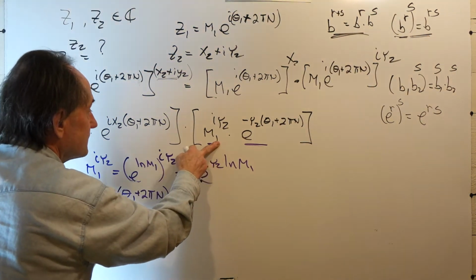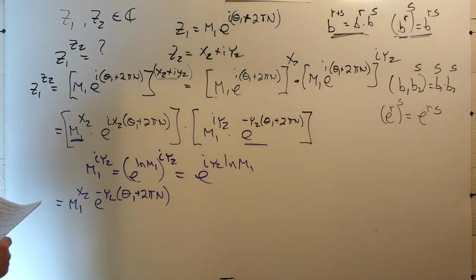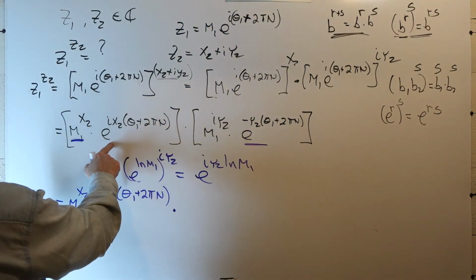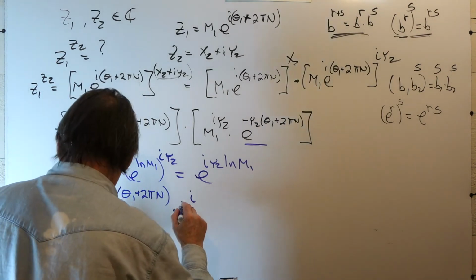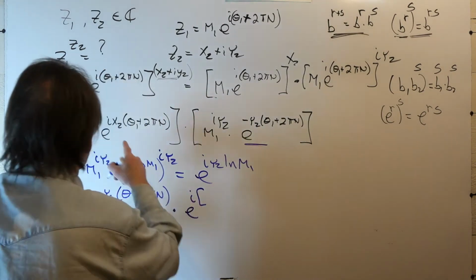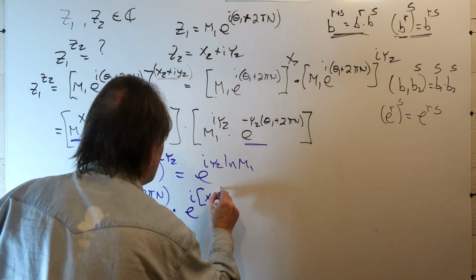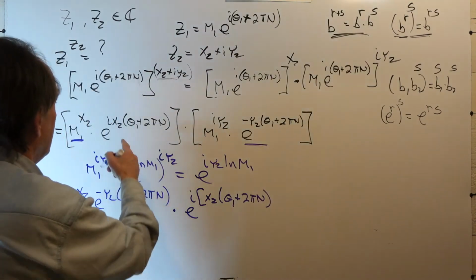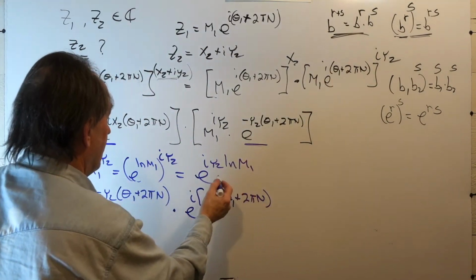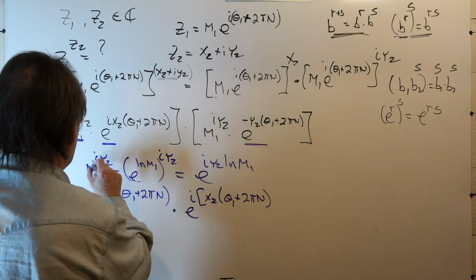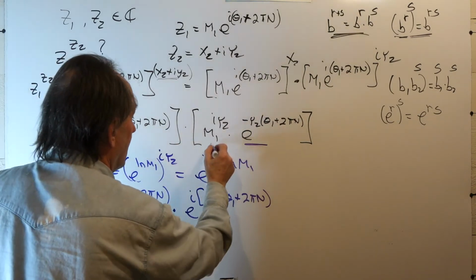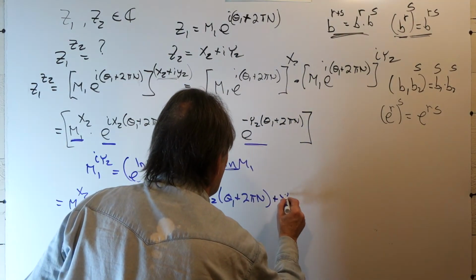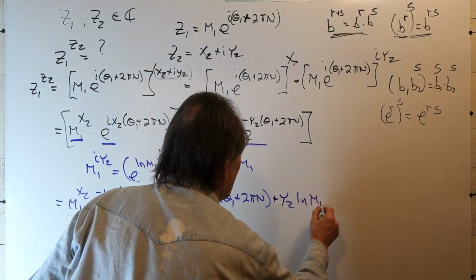And then we're going to multiply. We have this, which is e to the i x2 theta 1 plus 2 pi n. And we also have this for m raised to the i y2, so we can add that in. This becomes y2 natural log of m1.